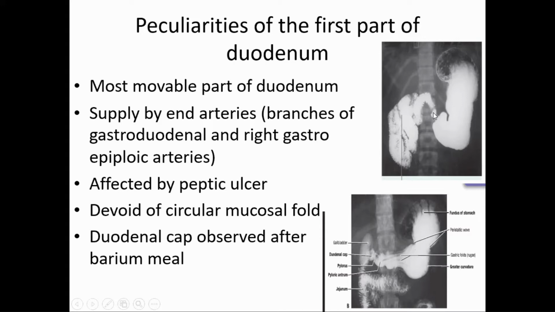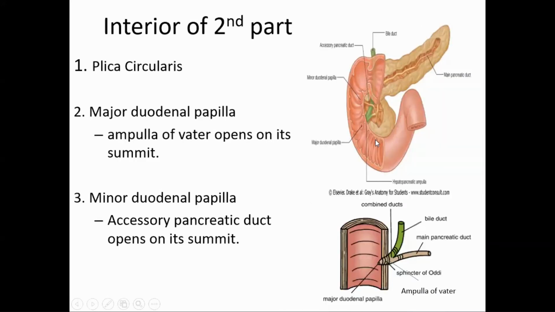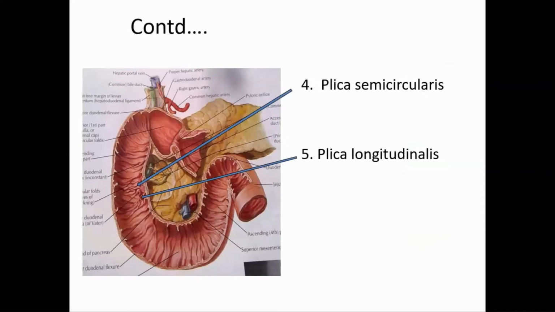Clear? The upper margin gives attachment to the lesser omentum, that is the hepatoduodenal ligament, and the lower margin gives attachment to the greater omentum of the stomach. It is supplied by the end arteries, affected by the peptic ulcer.